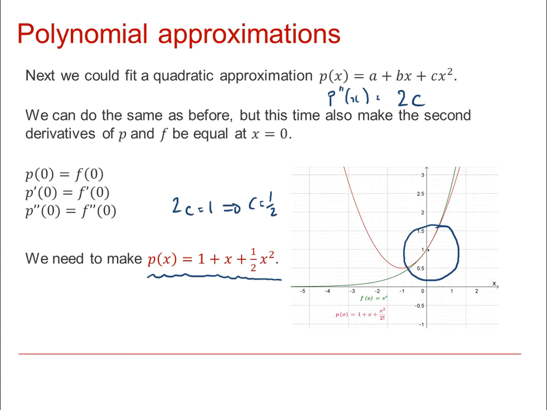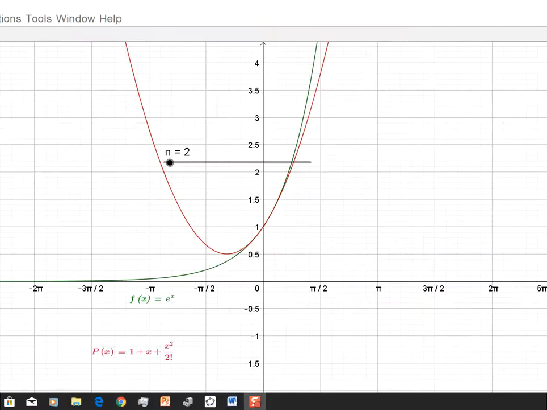So we can continue in the same way then, looking at higher derivatives, so the third derivative and fourth derivative, and each time making sure that the polynomial agrees with the value of the function at 0. Well, this GeoGebra file shows the result of doing that. So at the moment we've got it set for n equal to 2. In other words, the second order polynomial that we have already found, 1 plus x squared over 2.